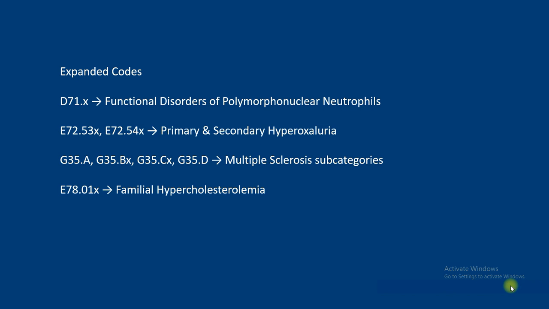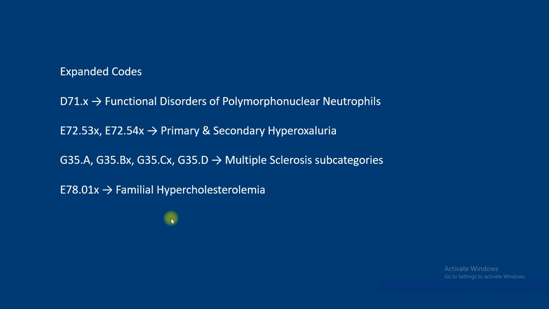Next one is G35.A, G35.BX, G35.CX, G35.D, multiple sclerosis subcategories. Previously we didn't have subcategories related to multiple sclerosis, but from October 1st, 2025 onwards, we need to check the documentation for subcategories related to multiple sclerosis, and if we find them, we need to code them.